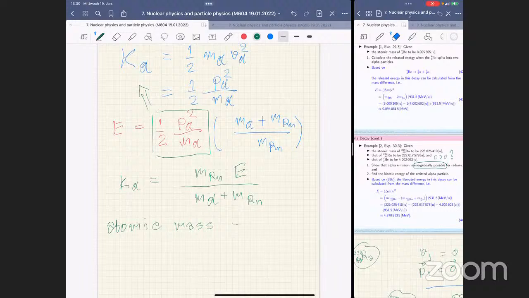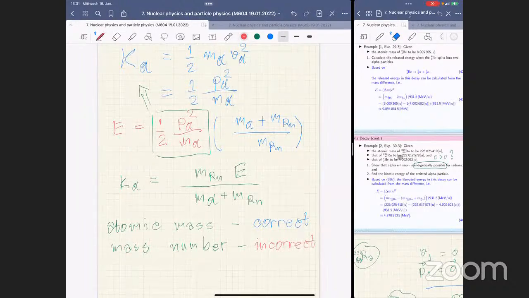Another way is, this is the correct way. It is a correct way. And another way is that you just use the mass number. What is that? It means this is incorrect. This is incorrect. It's wrong.